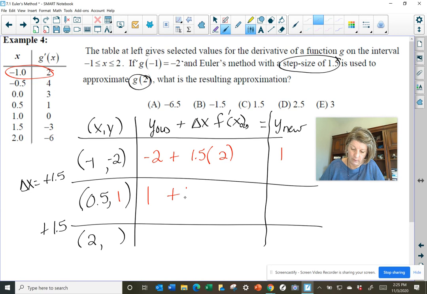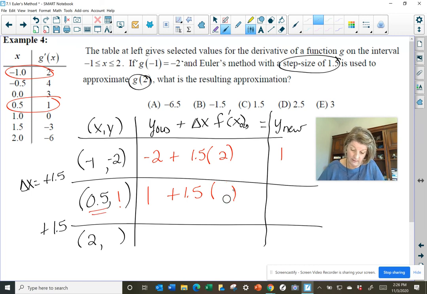1 plus 1.5 for delta x, times f prime evaluated at 1. Ooh, it turns out to be 0. That looks funky. Oh, sorry, it was an x value at 0.5. There we go, x at 0.5.